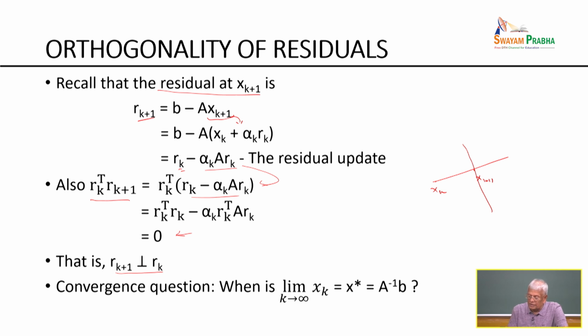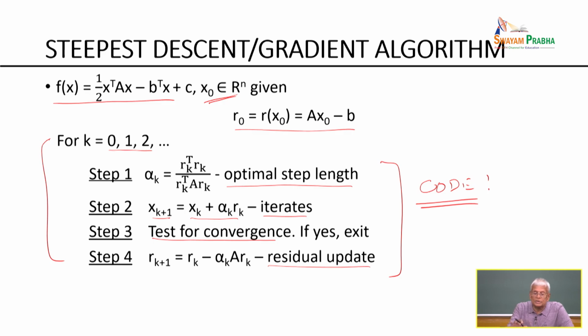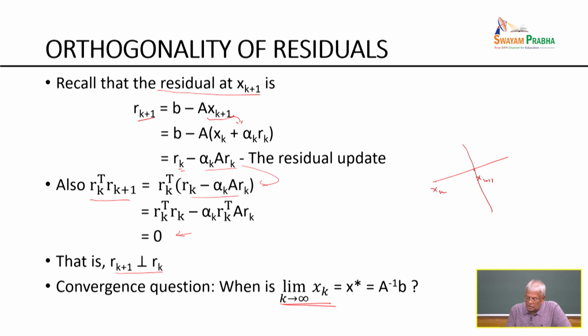What am I interested in? I am ultimately interested in the behavior of the sequence x of k, the potentially infinite sequence given by this algorithm. So I want to ask myself the following question: if I am very patient and I iterate the algorithm, will it ever converge to the true minimum? That's what is called the convergence question.